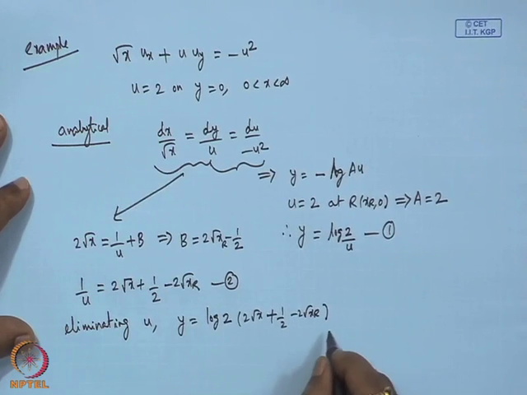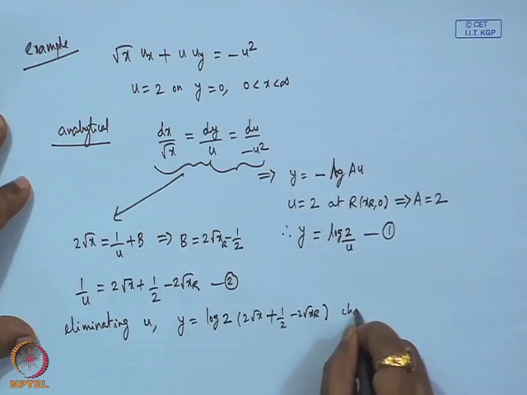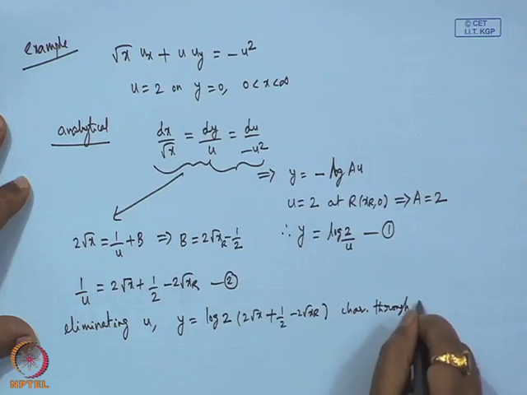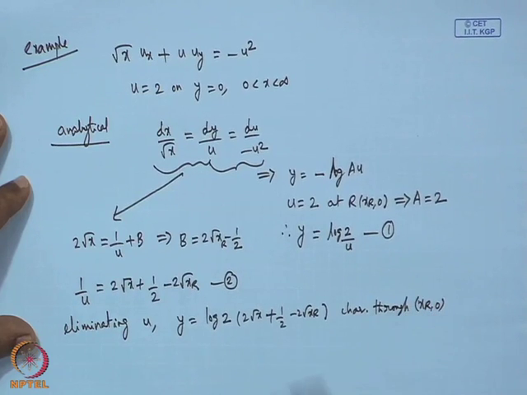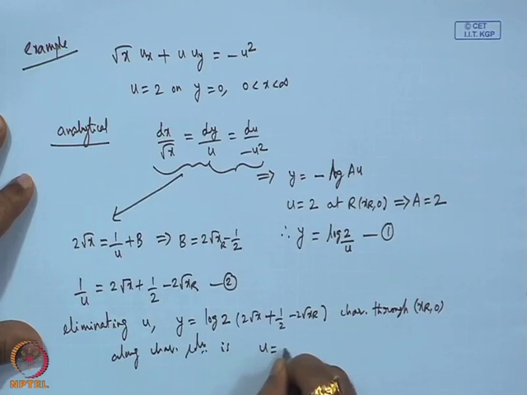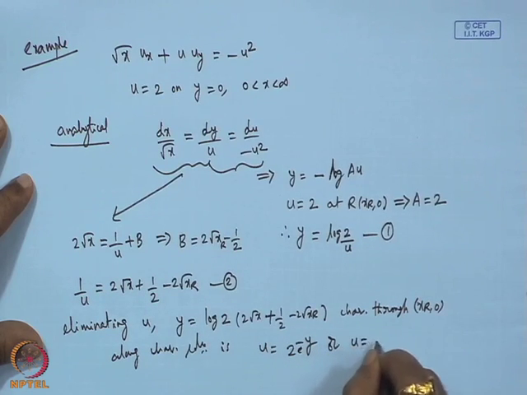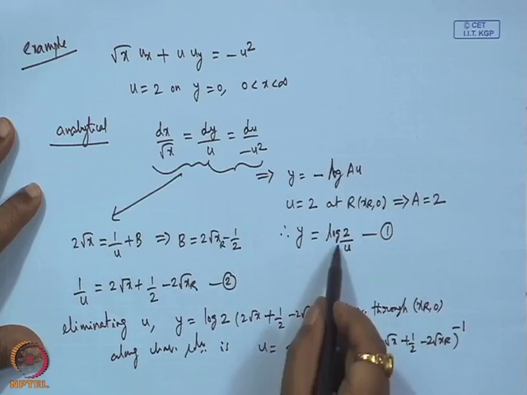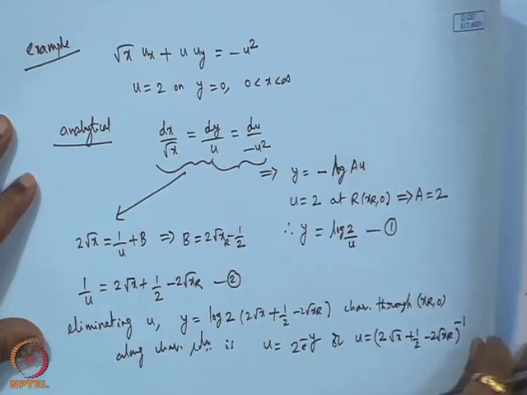So, this is the characteristic through x r. Then along the characteristic, the solution is u equals 2, or u equals 2 root x plus half, either from here or from here.